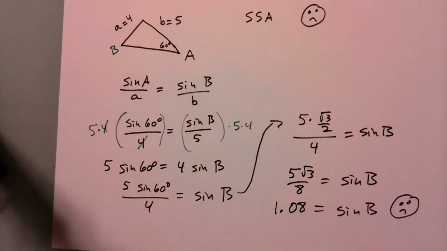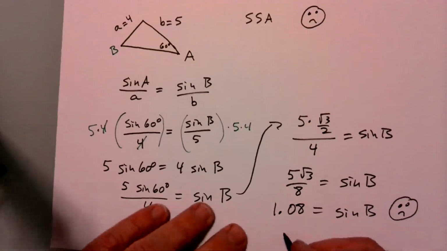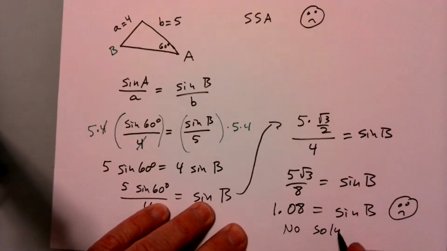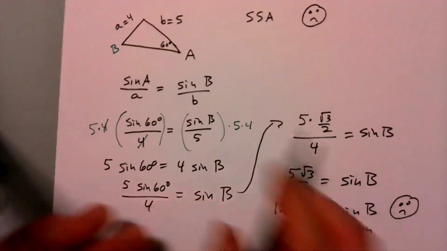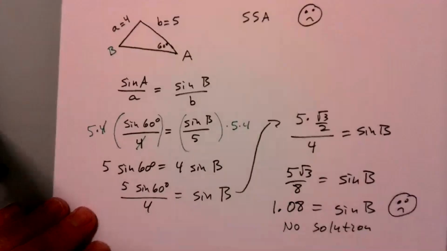And there's my second unhappy guy on this problem. Can sine be 1.08? I don't think so. Sine is always between -1 and 1, so this has no solution. So this SSA case cannot be solved.